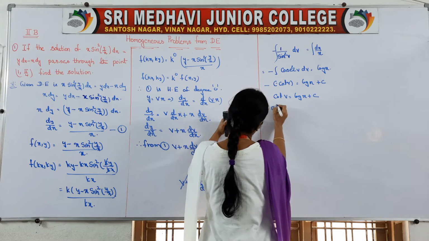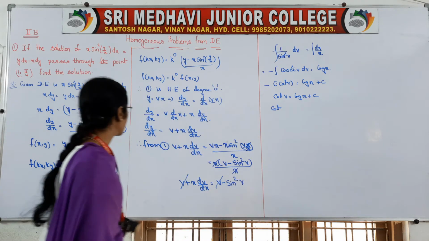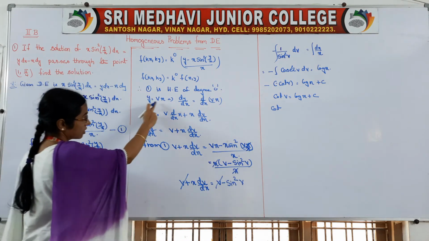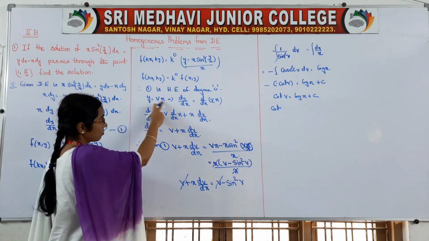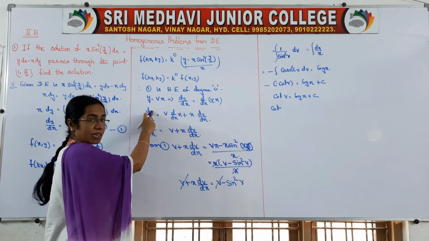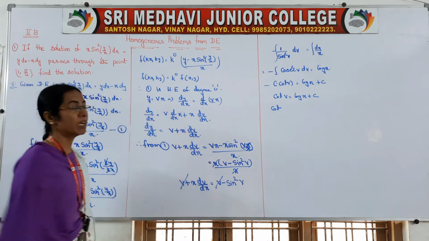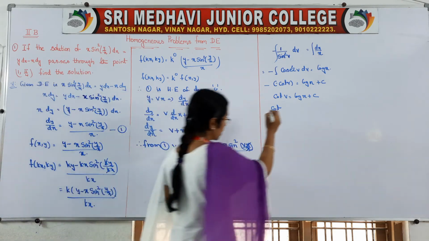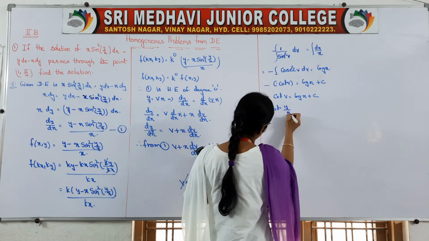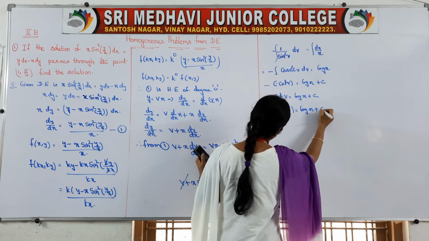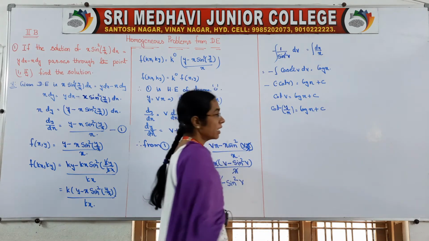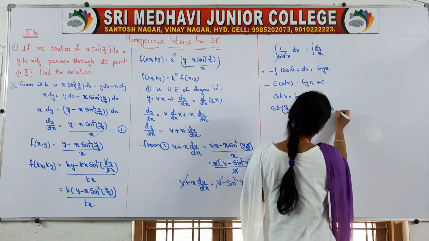So cot v is equal to log x plus C. And what is v? In our homogeneous problems, y is equal to vx, so v is equal to y by x. Cot of y by x is equal to log x plus C. Okay, that is the solution.